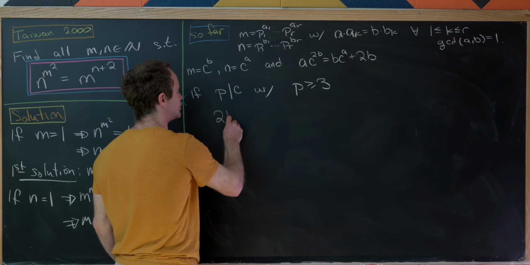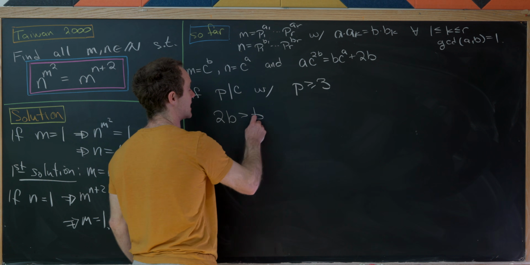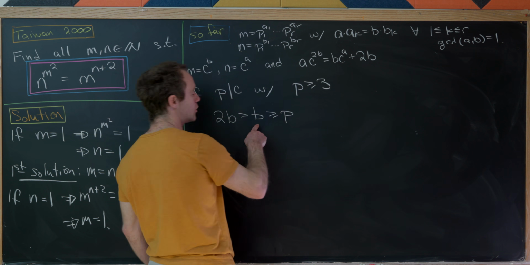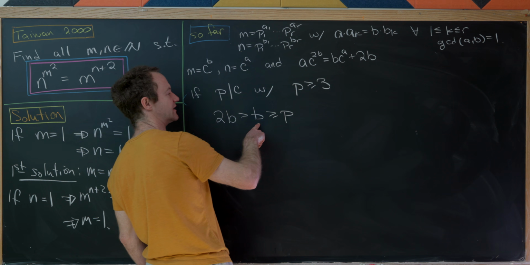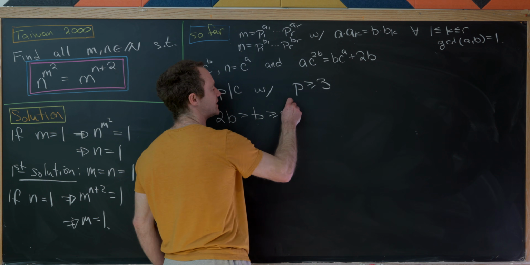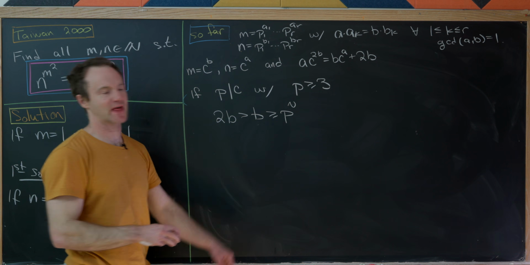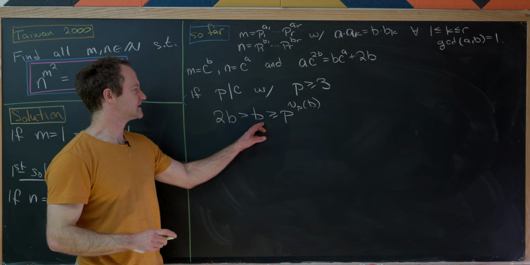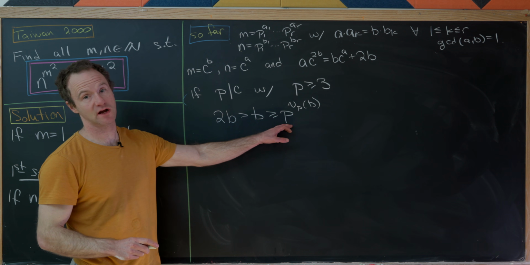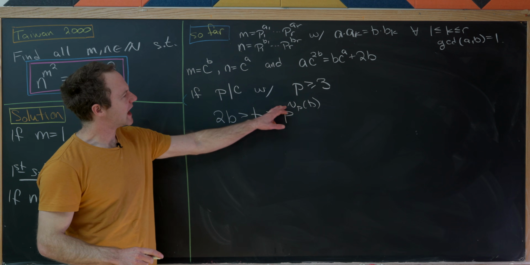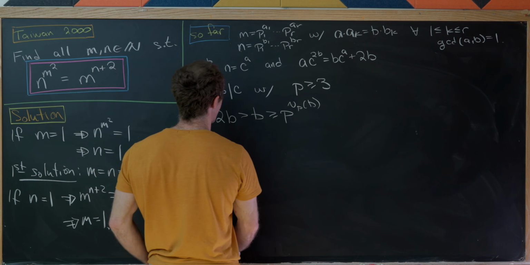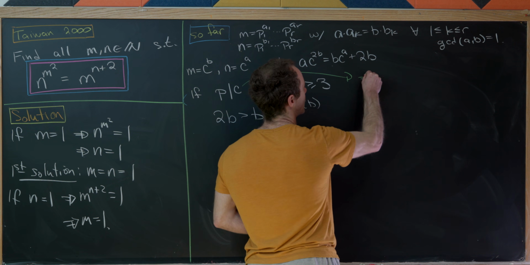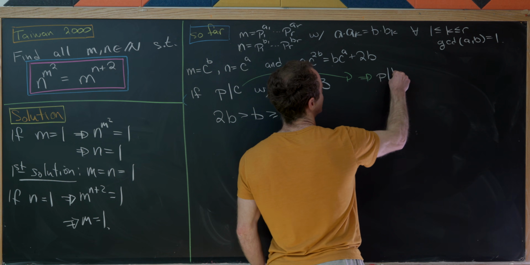So notice that 2b is most definitely bigger than b, which is bigger than or equal to p to the power, well, it's the exponent of p inside of b. And there's some notation for that. We used that before without notation, but the notation is nu sub p of b. This is just focusing on one prime factor of b. I guess we should point out here that since p divides c, and this equation is satisfied, that also implies that p divides b.